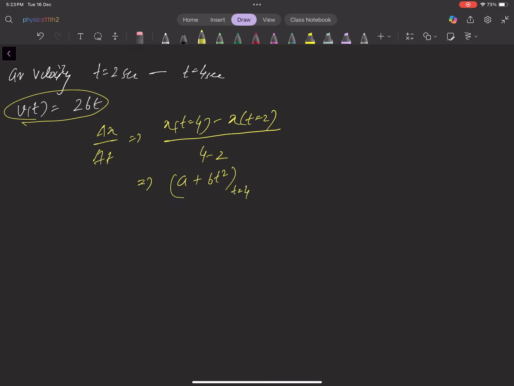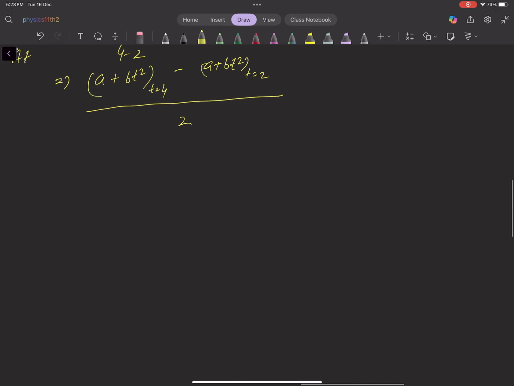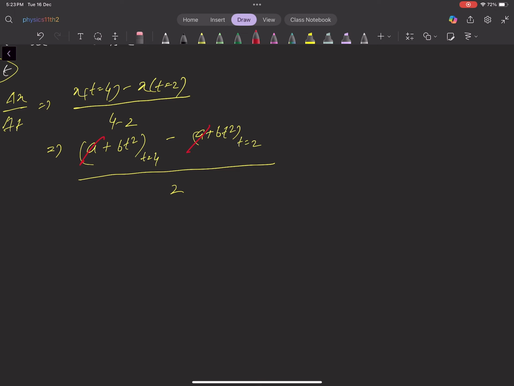At t equals 4 you put a plus bt square, minus a plus bt square at t equals 2, divided by 2. So a gets cancelled, b is common, and we get t4 square minus t2 square, that is 4 square minus 2 square, into b by 2.